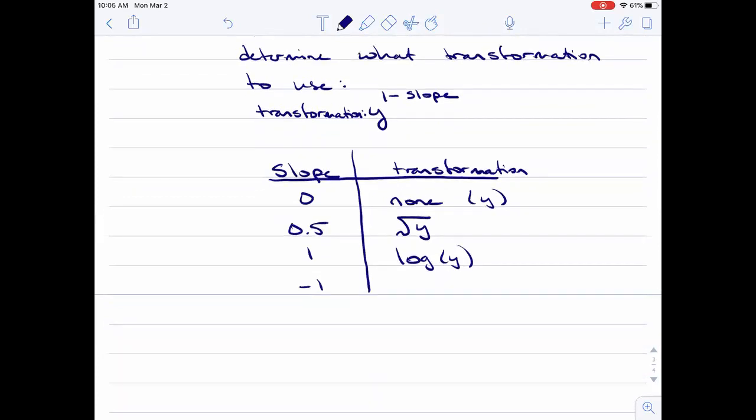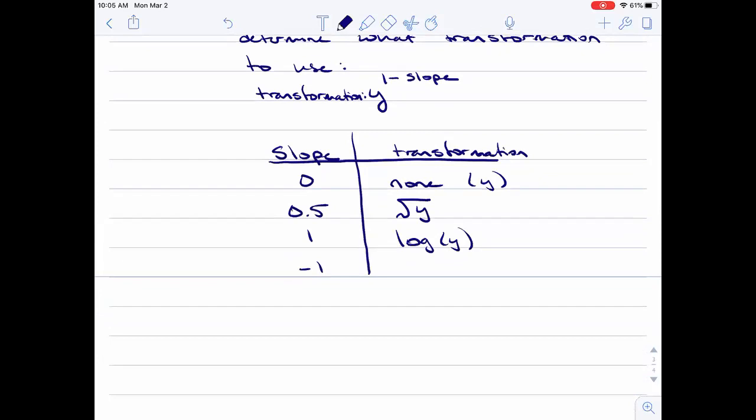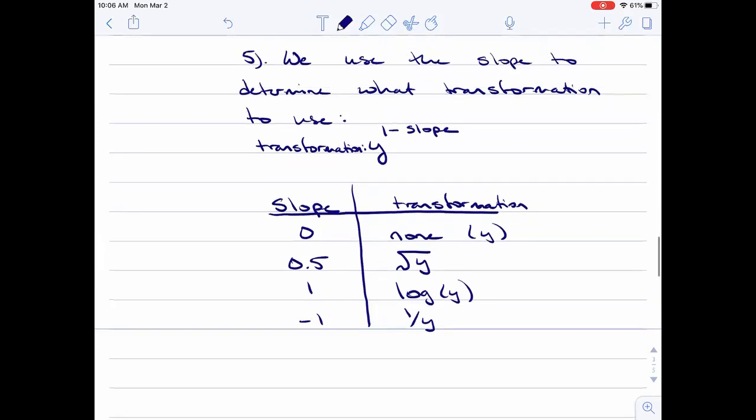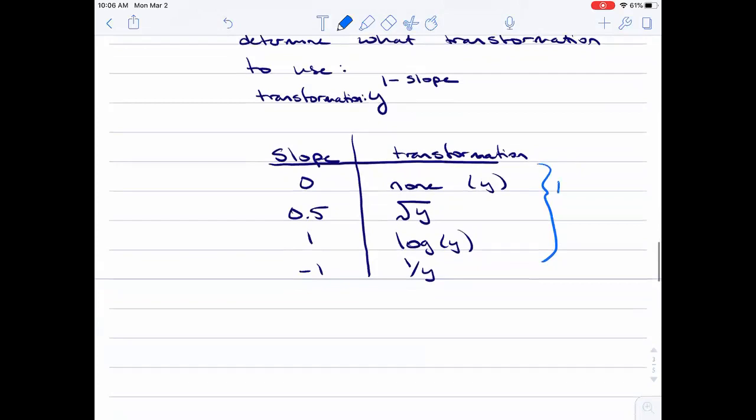And if you have a slope of -1, then you just do 1 over y, which also is not very obvious to me. So those last two are less obvious when you use y to the power of 1 minus the slope. Anyways, these are approximations, approximate guidelines.